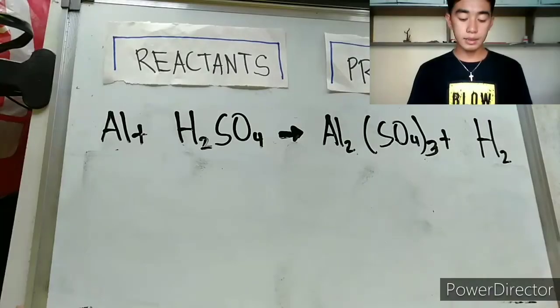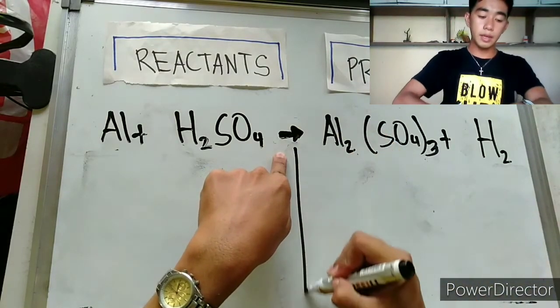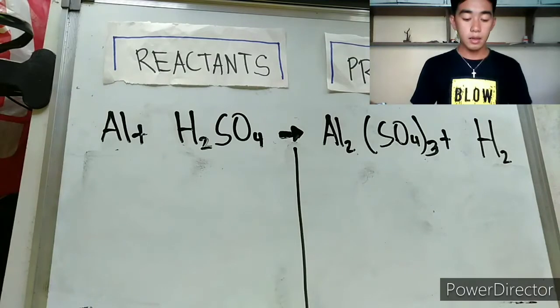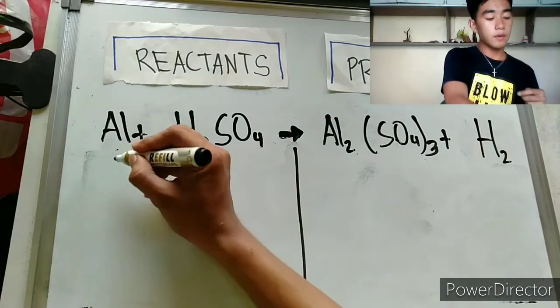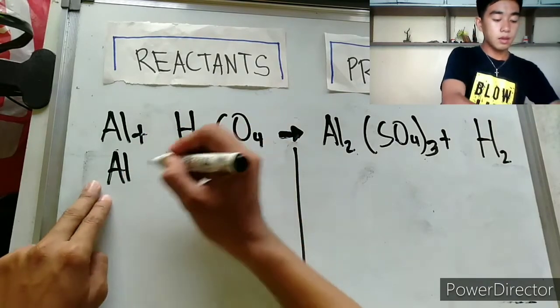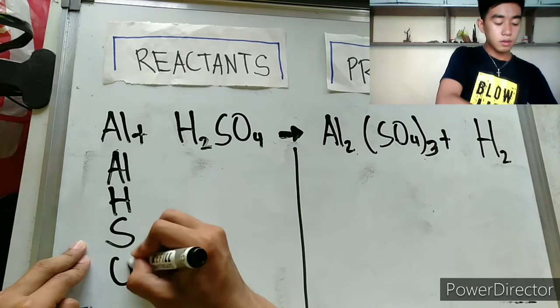So here is our last example. Let's draw a vertical line here first under the arrow to separate the elements of reactants and the product. In this case, we have 4 elements. So we have aluminum, hydrogen, sulfur, and oxygen.